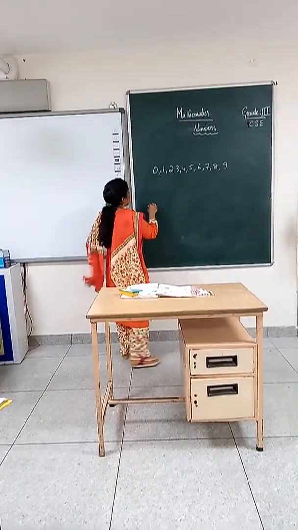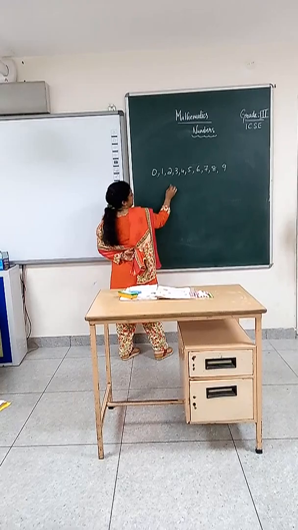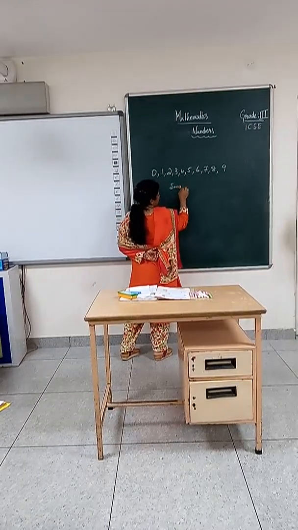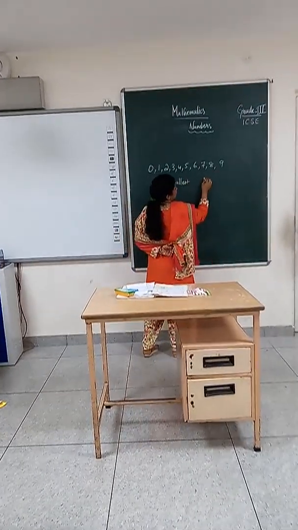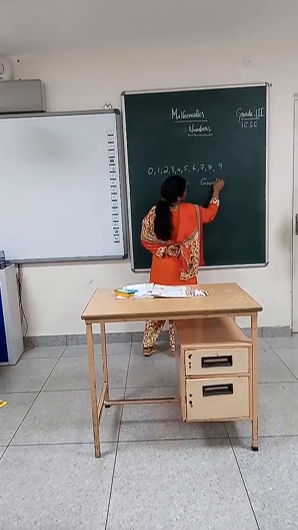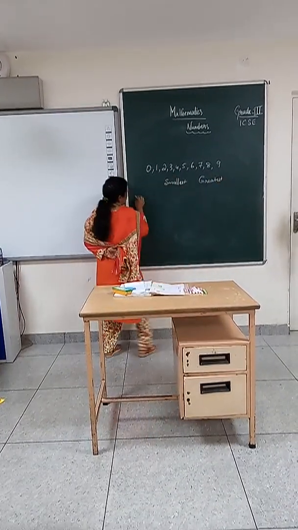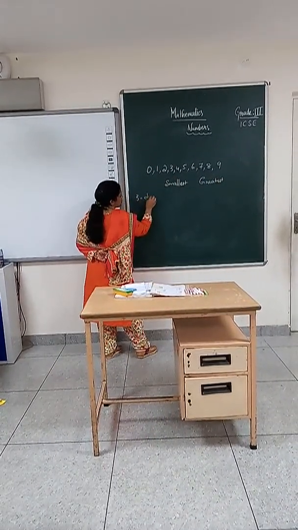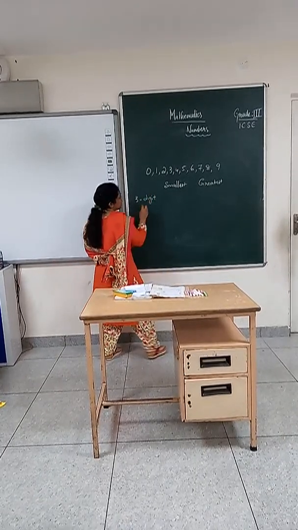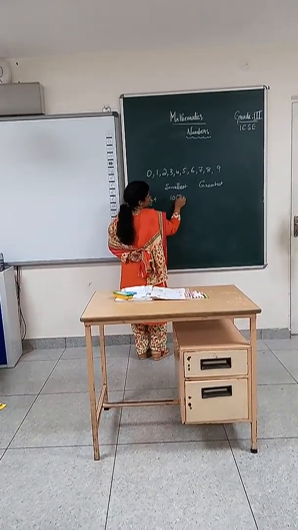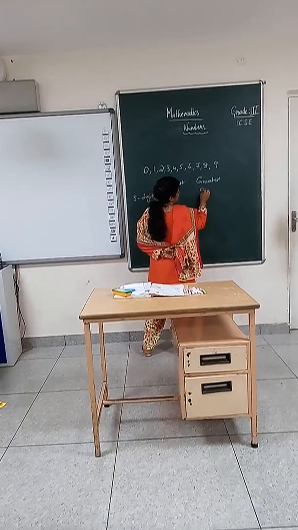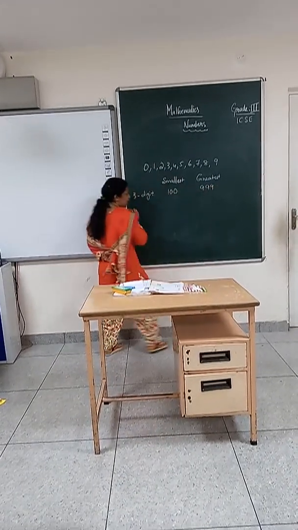Similarly, we also learned the greatest and the smallest 3 digit, 4 digit as well as 5 digit number. So let us recall that again. The smallest 3 digit number is 100 and the greatest 3 digit number is 999.